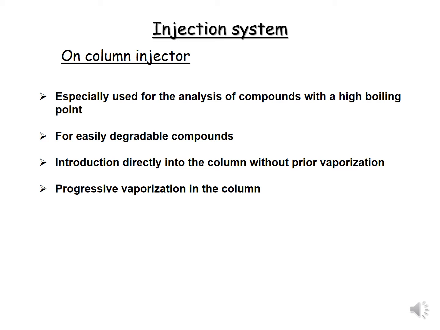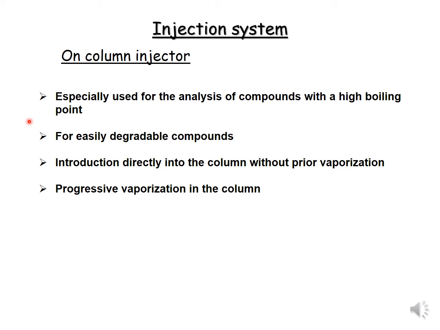Another injection system, and a totally different injector as compared to the splitless injector, is the on-column injector. This is another geometry of injection, and this injector is used especially for the analysis of compounds with a high boiling point.